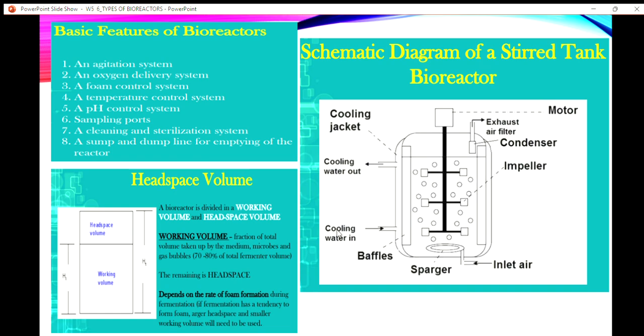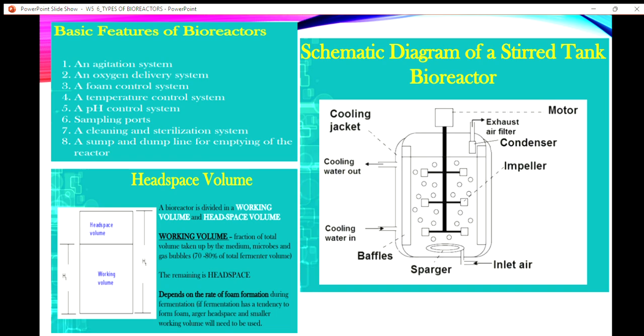The cooling water will come from the bottom, pass through the jacket, and go out from the top. You have the condenser here, the impeller, the blade, and so forth. But I won't go into detail about this blade, because I think you will learn it in your process flow, in your scale up lecture.